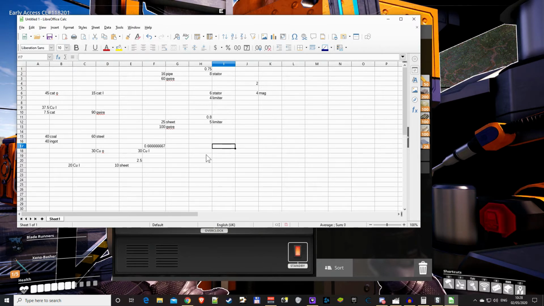Is it a multiplication? 25 times 0.8. I guess to produce 4 limiters we need 20 sheets per minute, and that will give us, you know, like this building will produce at 100% efficiency. I think that's how it works.